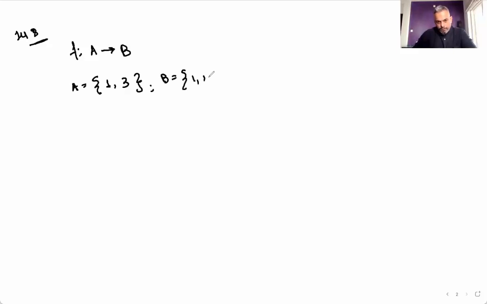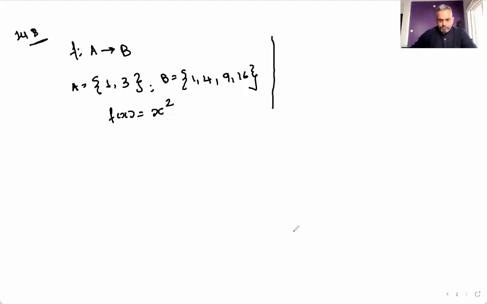Now what is given? We have function f from A to B, where A is equal to {1, 3} and B is equal to {1, 4, 9, 16}, and f of x is equal to x square.